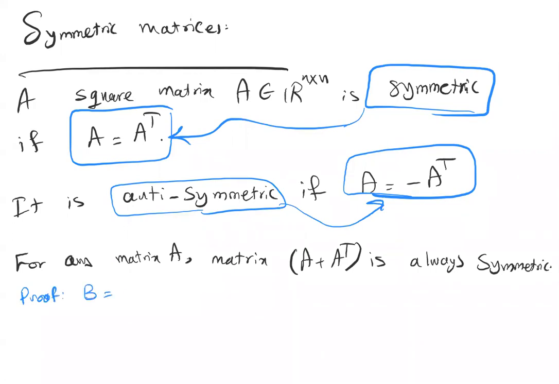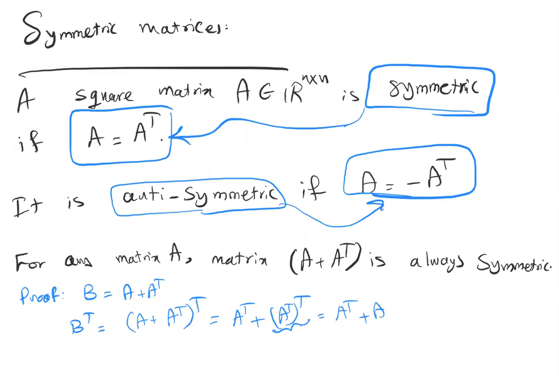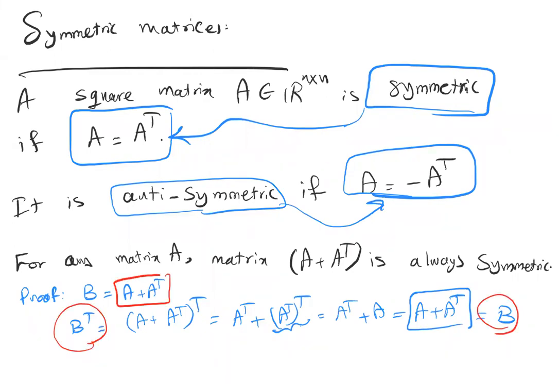Let's call B equal to A plus A transpose. Then B transpose is (A plus A transpose) transpose, which is A transpose plus A transpose transpose. But we already know that A transpose transpose is equal to A. So it's A transpose plus A. We can just change the order, A plus A transpose. So what's this? This is equal to our original B. So B transpose is equal to B. So this matrix is always symmetric.